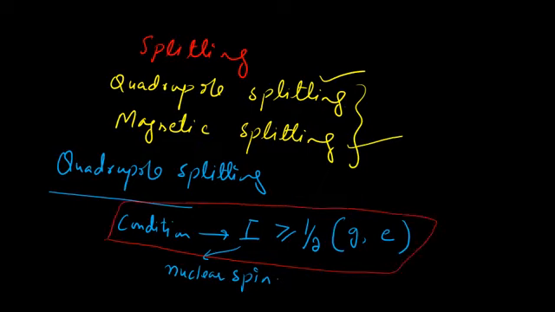Okay, so now here again I will take an example of an iron compound, that is iron 57. And you know that for iron its ground state spin is equal to 1 by 2 and its excited state spin is 3 by 2.